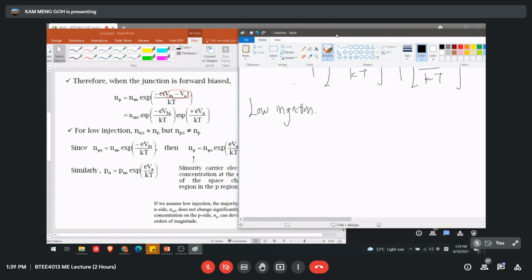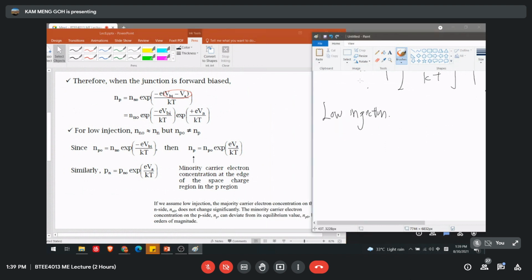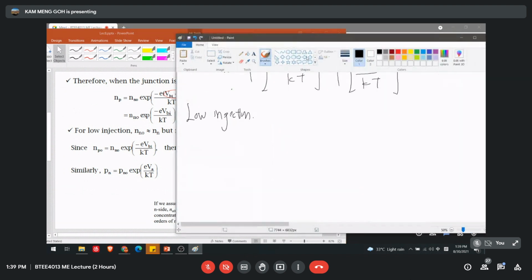Low injection means that, if you have low injection, the majority carrier electron concentration on the N side does not change significantly in the forward bias, but the minority carrier electron on the P side will be changed. Just for example, let me draw something like this here.